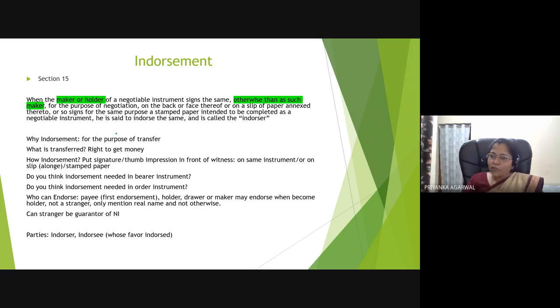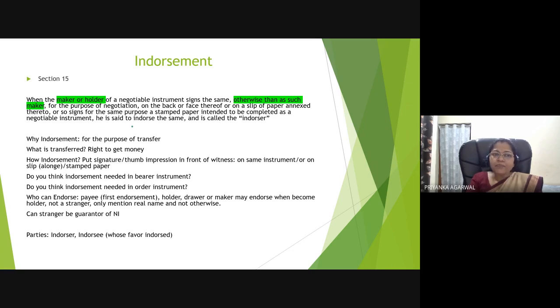And why is endorsement there? It is because whoever is having that instrument is going to get the money from the maker of the instrument, right? And how is that endorsement happening? It is in the definition itself.